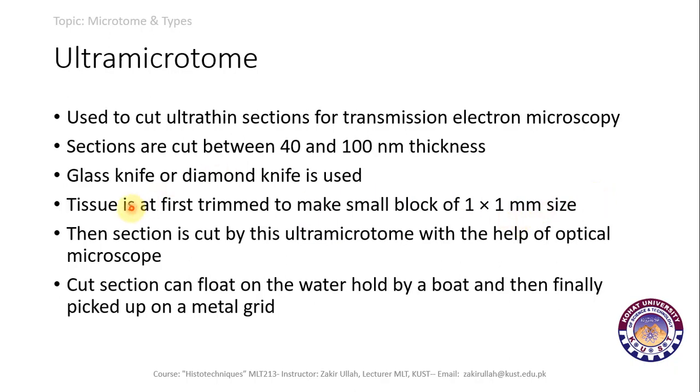Then after preparing the smaller block, thin sections are cut with this microtome with the help of an optical microscope. So, a microscope is required if a person is working with this type of microtome, and then the cut section floats on the water, like a boat, and is finally picked up by the metal grid.